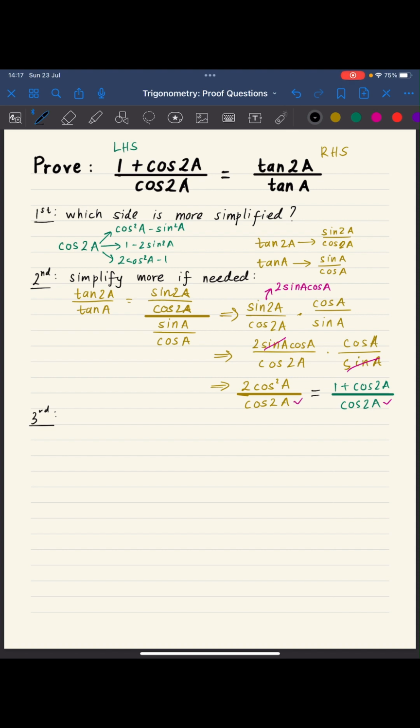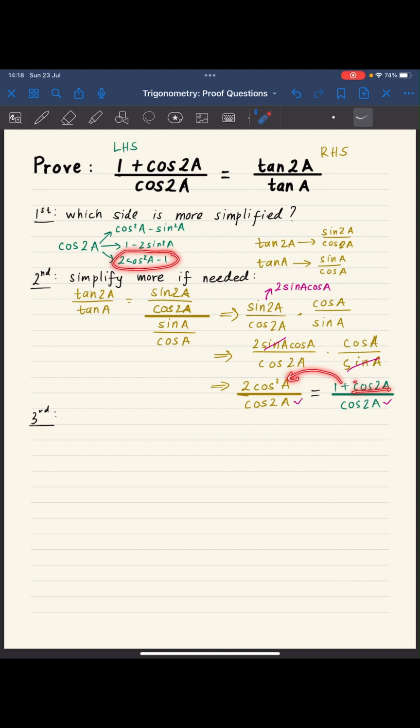So again, we talk about the problem of cosine 2A being that it can be broken down in 3 different ways. But once you've found a side and you've simplified it to the maximum, now you already have a hint or indication of which breakdown from the 3 you are going to go with. We want to make it cosine squared A, or at least 2 cosine squared A. And I only have one expansion of cosine 2A that can be 2 cosine squared A, and it's this one.